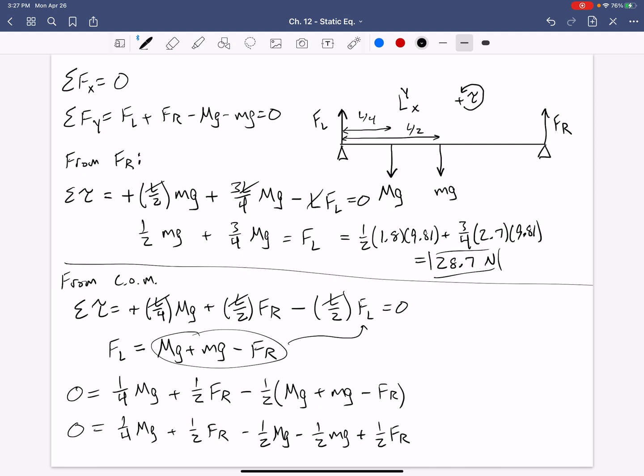Solving for FR, I can combine this 1/2 F and that 1/2 F to give, well, 1, right? And so I'm going to combine those two terms and then take every other term, so this one and this one, and take all those to the other side. Okay? And I'm doing that to get the following expression. Now let's see.